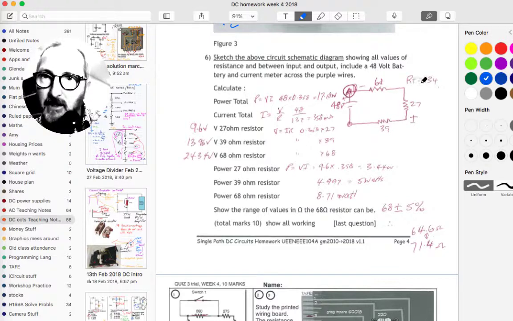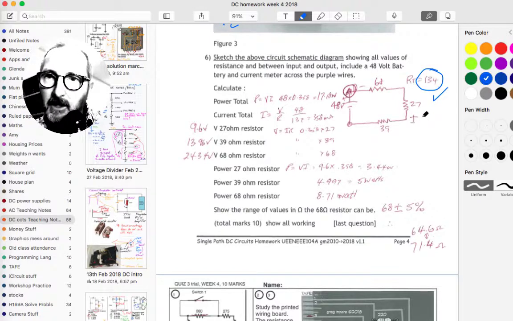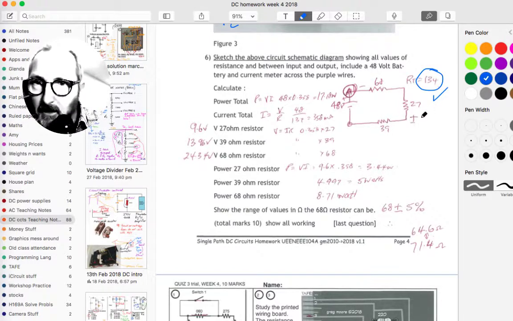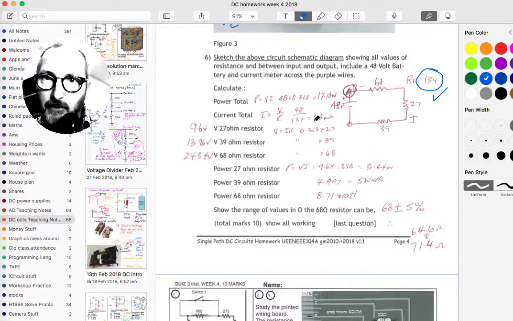27, 39, RT 134 ohms, and the current flowing through it, we had 358 milliamps, and the total power is 17.18 watts because P equals V times I, so the 48 volts times the total current, which was here.